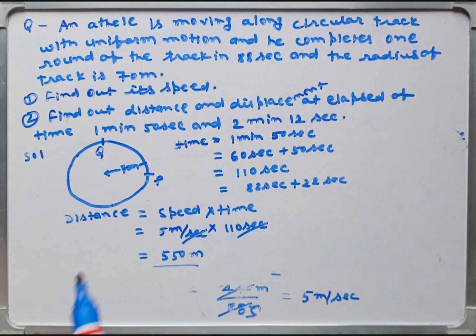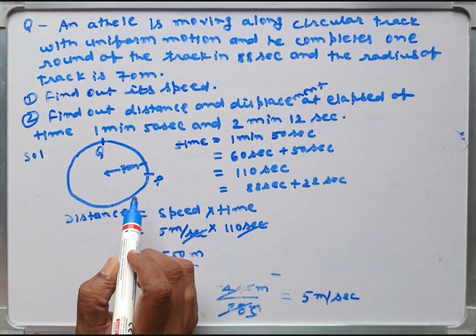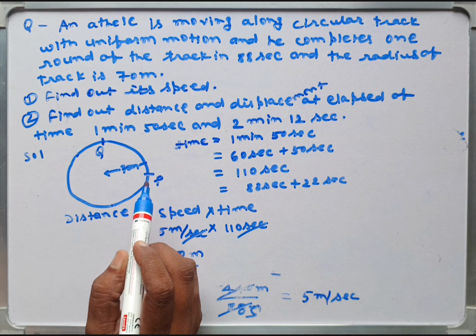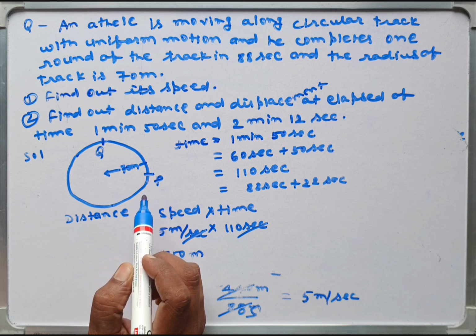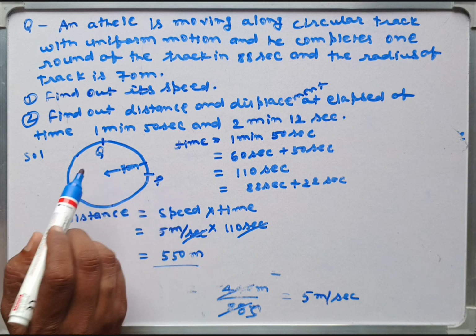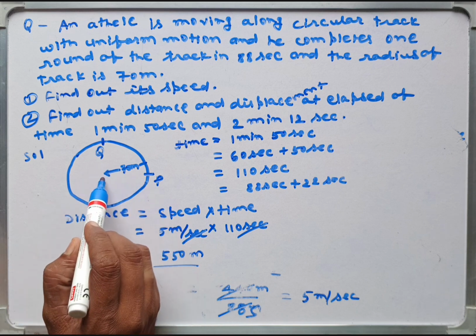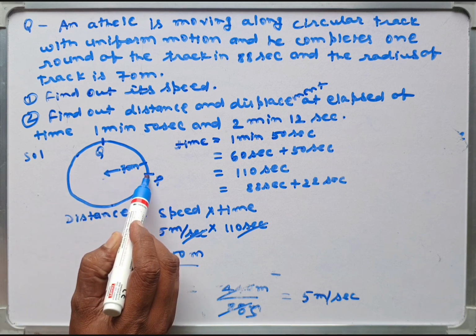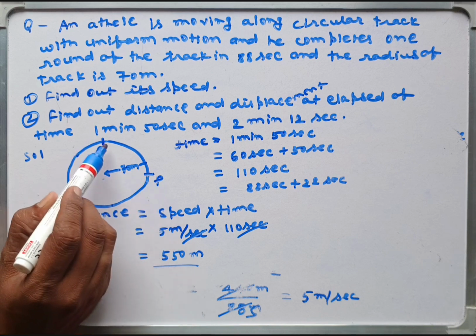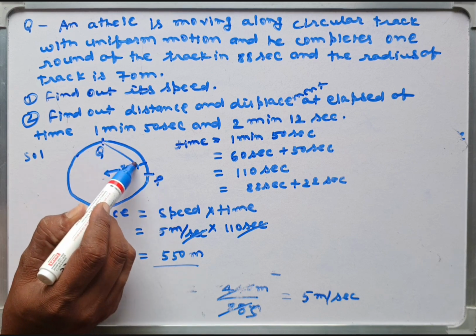So you can say here it is independent of the path traveled by the object. So what is the shortest distance between point P to point Q? It is now this one.